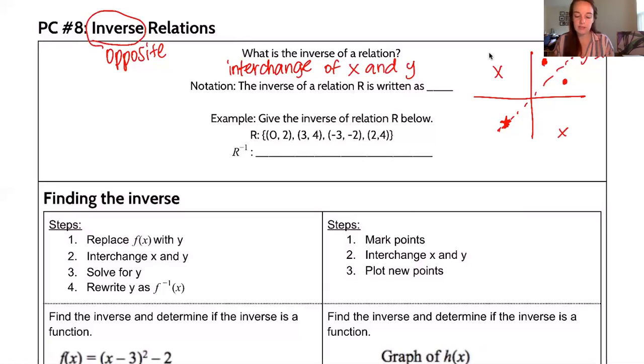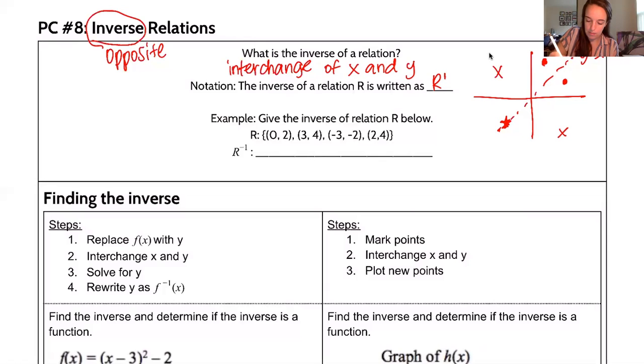So the inverse of a relation is written as r prime, like this, with a little apostrophe kind of thing. That's the notation. So if this is our example, it says give the inverse of relation r below. They tell us what the relation is, so they're telling us individual points. You see 4 points there, and they want us to find r prime, or the inverse.